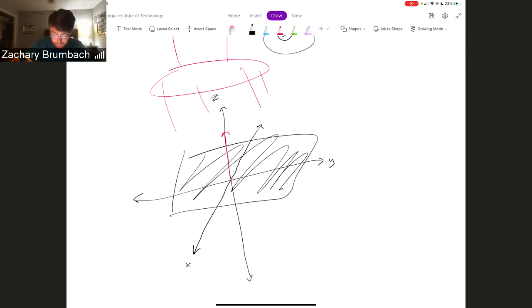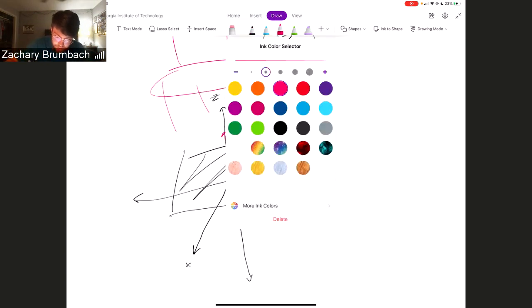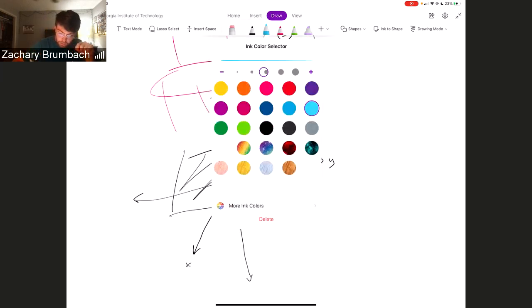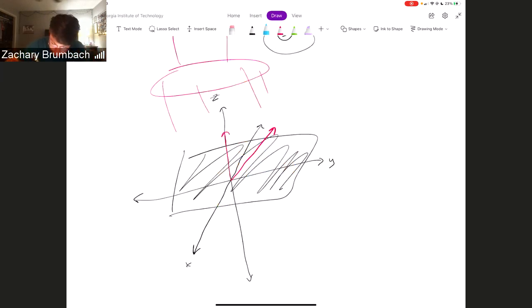So vectors can be broken up into different components. Let's say instead of a vector like that, we had a vector that came more off to the side, but still had some component of z, all right? So how do we describe this? We'll call this u, okay? We can describe it in parts: the part that goes in the direction of the plane and the part that goes straight off.